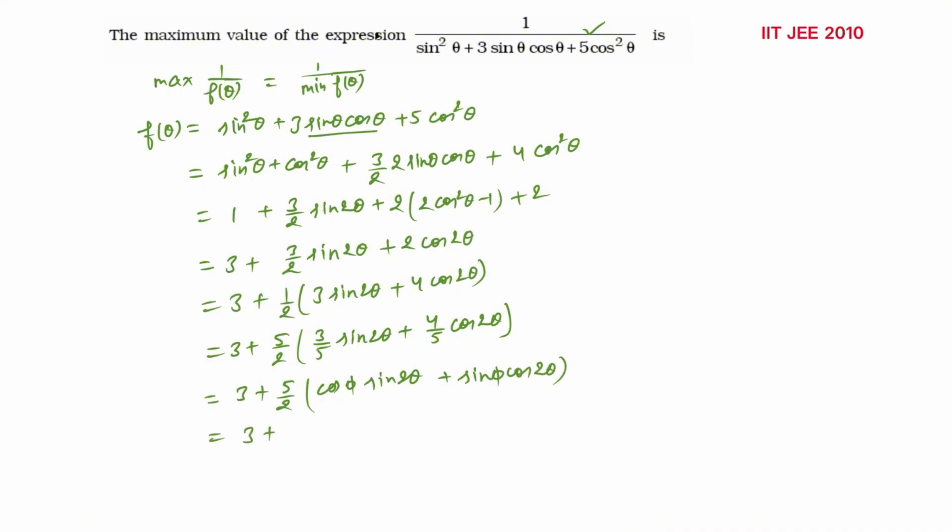So finally we have 3 plus 5 over 2 sine of 2 theta plus alpha. So we can see that we have reduced this expression to a very simple term.